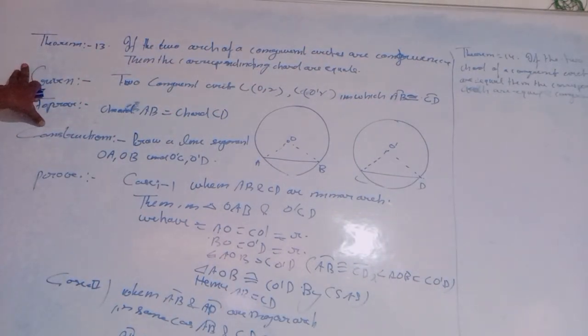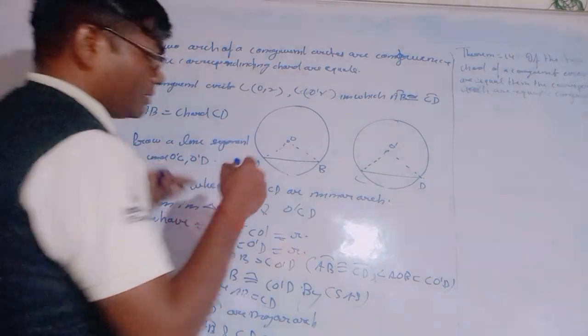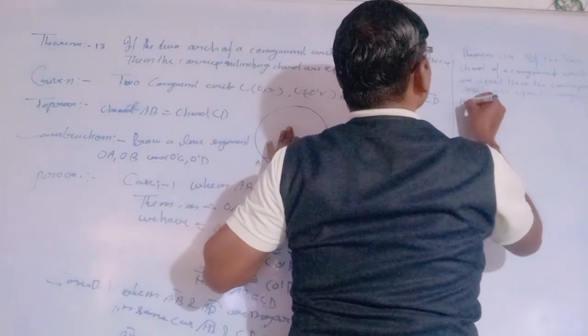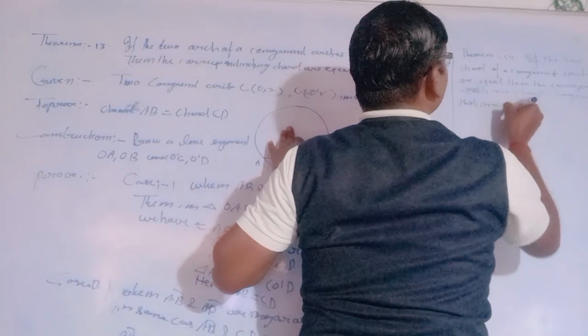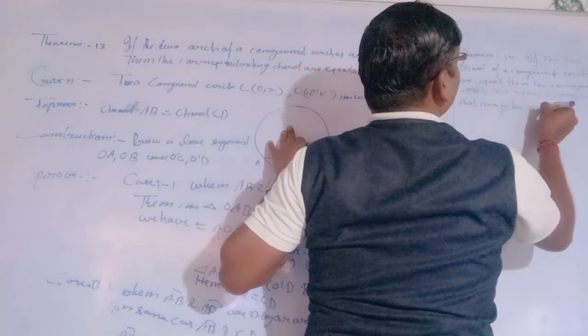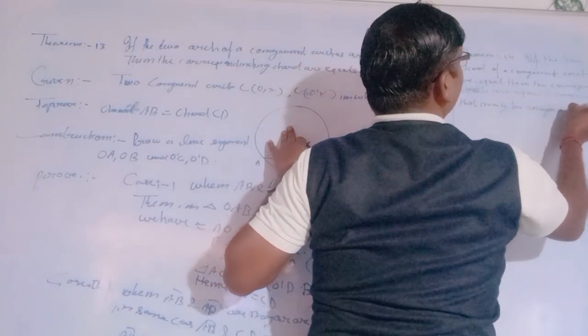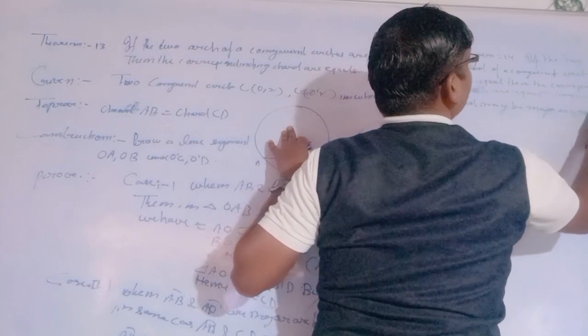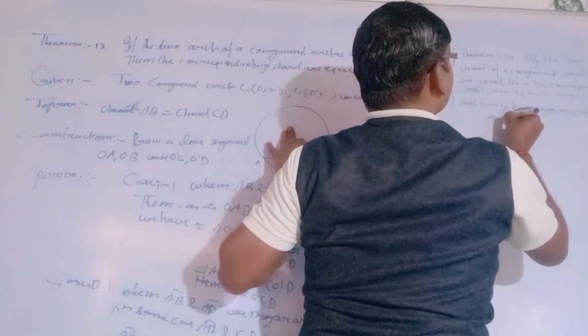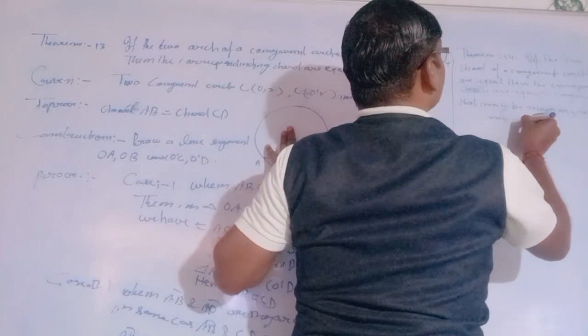Equal and congruent, and that may be major arc, minor arc, are equal.